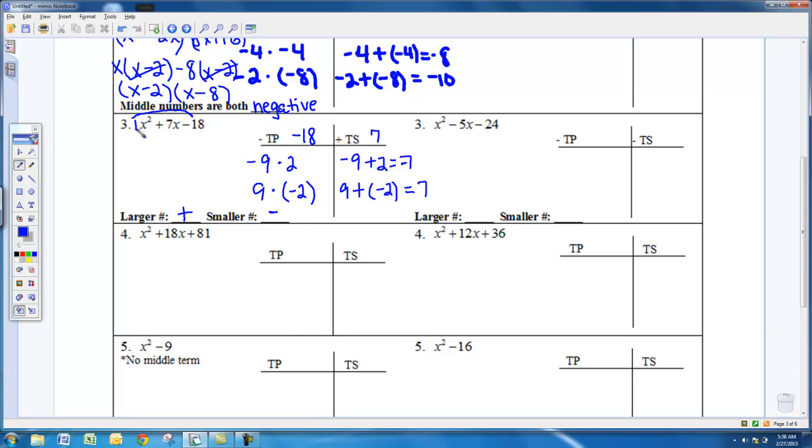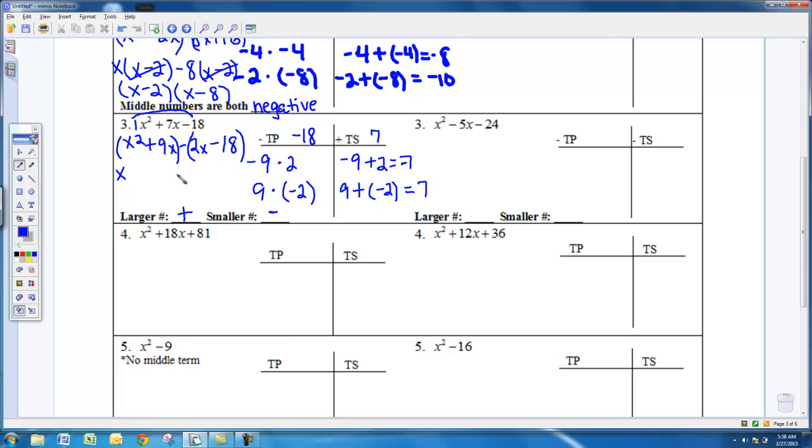Okay, let's split the middle. x squared plus 9x minus 2x minus 18. Group the factors into two groups. Take an x out of this group.